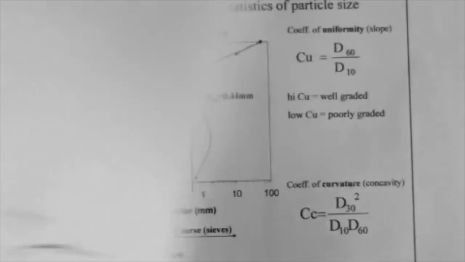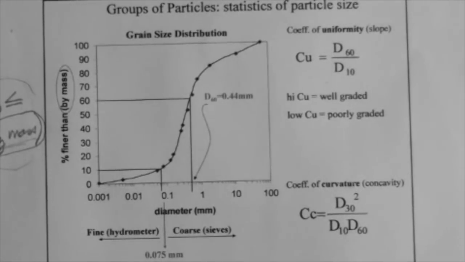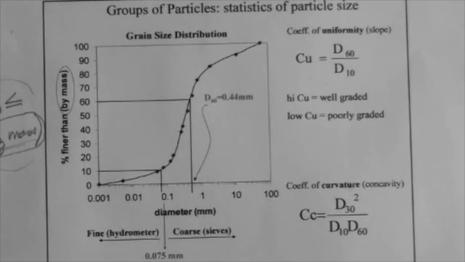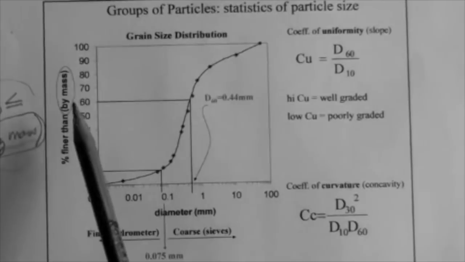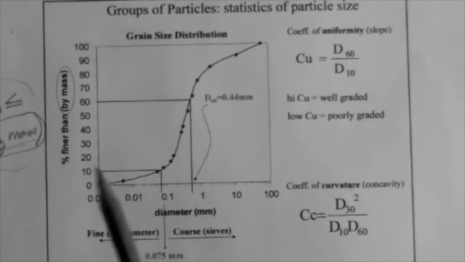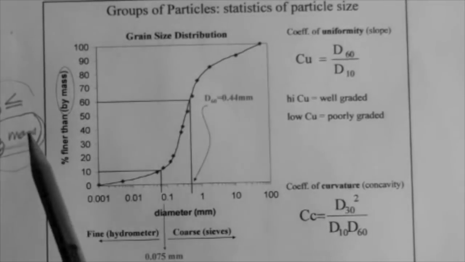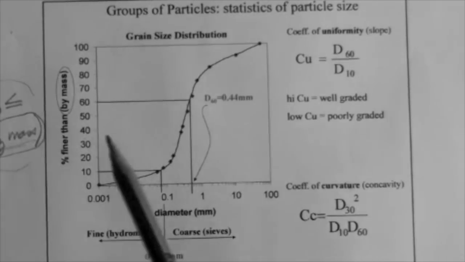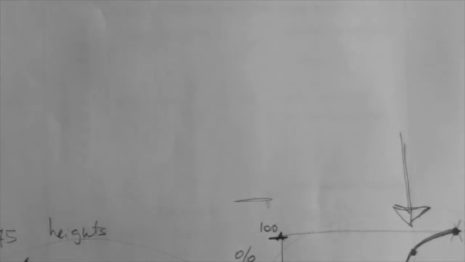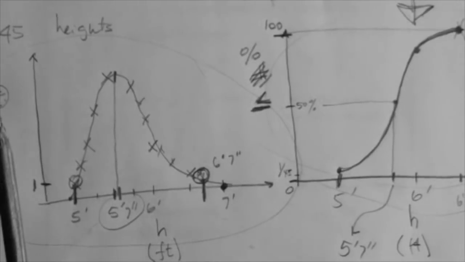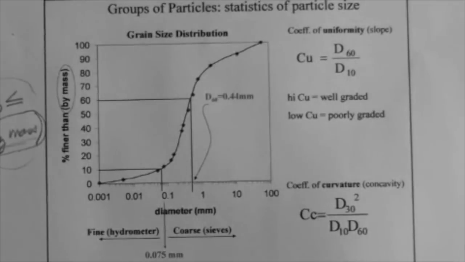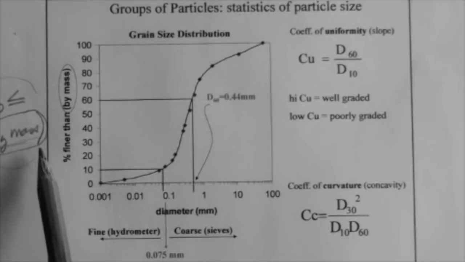For soil, we cannot say how many, because we're not going to start counting thousands and millions and trillions of grains, right? So we have to weigh the soil. So this distribution that you see here is not by number, as this one is. This one is by mass, because we weigh the soil.